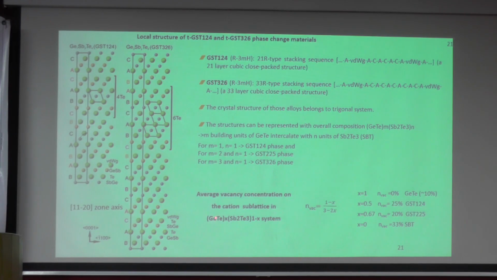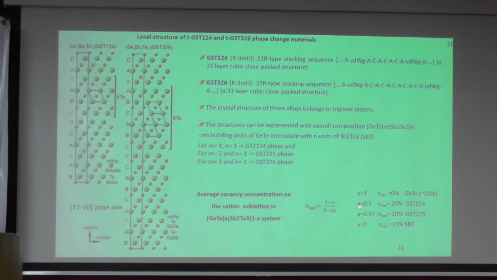If you look at the composition, we can write germanium telluride x, antimony 2 telluride 3, 1 minus x. If we take x equal to 1, we get pure germanium telluride, and according to this equation it should have no vacancies, 0%. Some reports give a value up to 10%, so maybe there are some vacancies in this system.